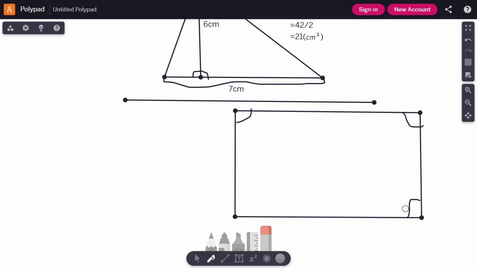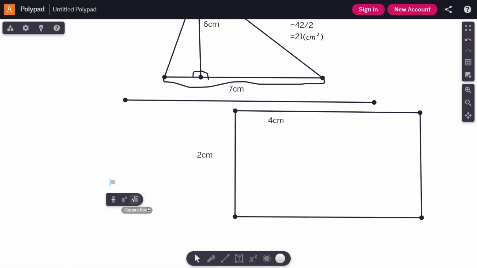Okay, how do we calculate the perimeter? Perimeter is always adding the 4 sides together, but in this case, the two sides here are equal. So if it only gives you 2 centimeters here, and this gives you 4 centimeters, don't panic.